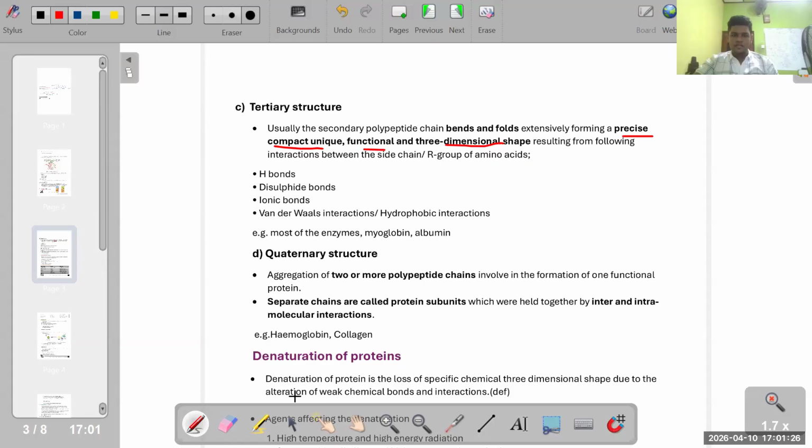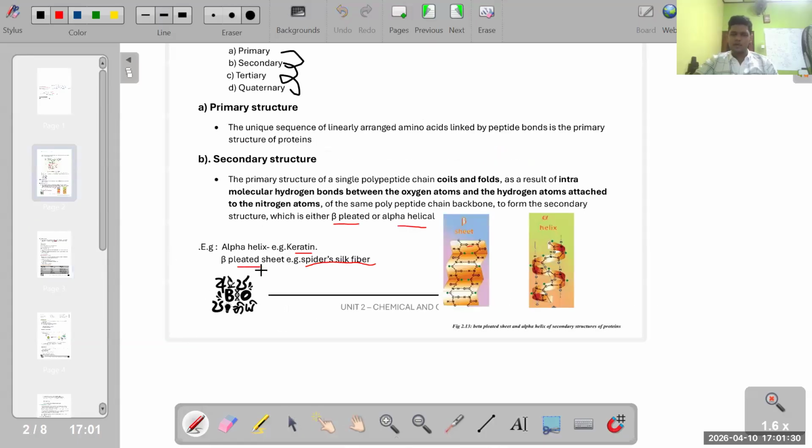If you ask me like that, they won't be asking further on this. They won't be asking what is alpha helical, explain the structure. No, they won't be asking like that. What they can ask is about secondary structure: what are the changes that can take place in the primary structure of a polypeptide chain to form a secondary structure? What are the changes? It can coil and fold.